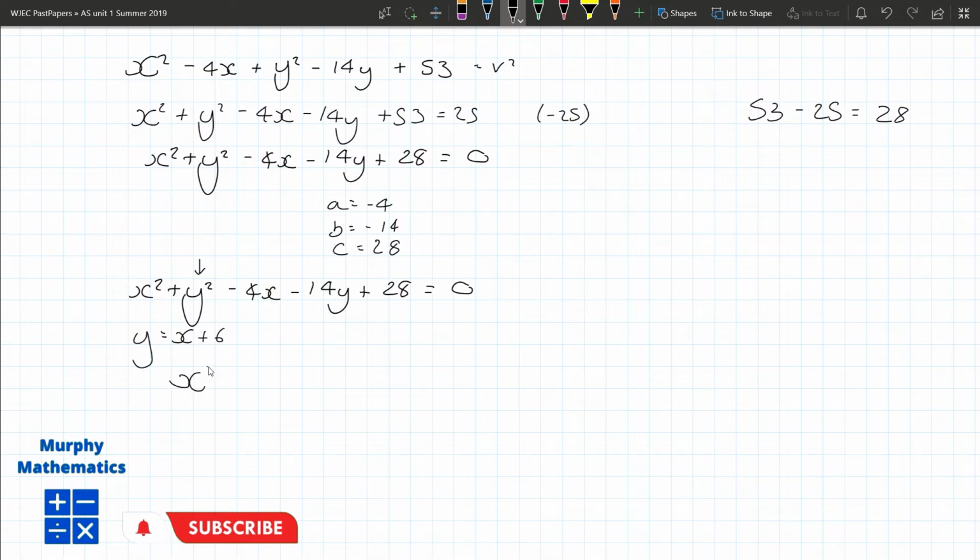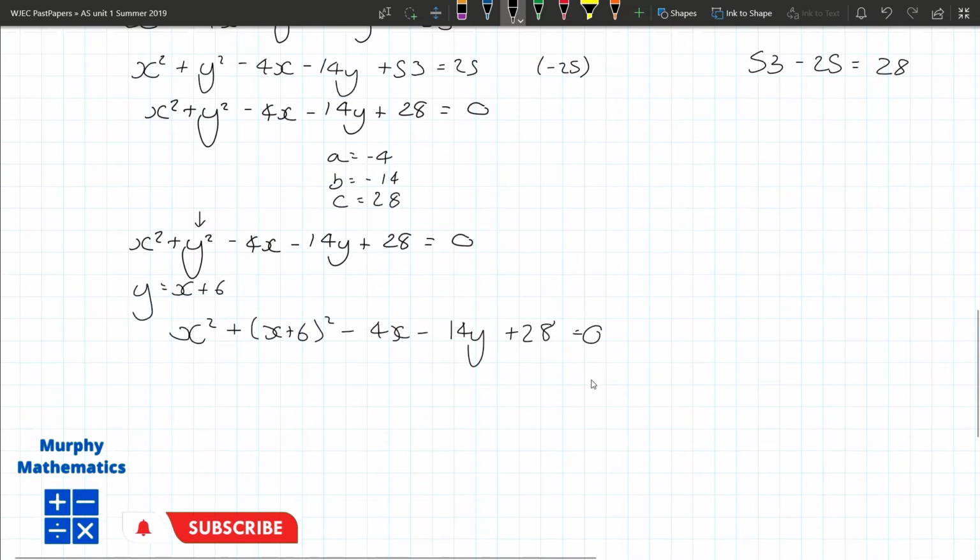It might be a bit long, so x squared plus, so I see a y, so I'm going to put x plus 6 squared, minus 4x, minus 14 times x plus 6, plus 28 equals 0.